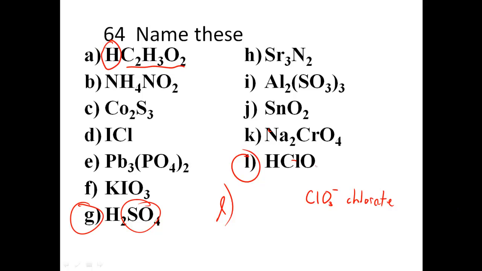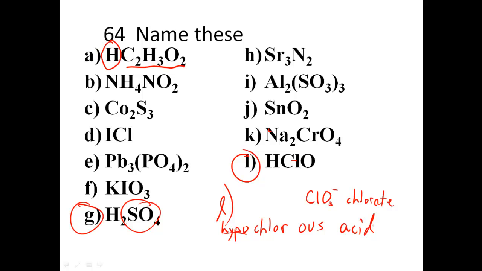This has less oxygen. In fact, it has 2 less oxygen. So we're going to put OUS on the ending, and hypo at the beginning. Hypo, remember, means underneath or less than. And so this is hypochlorous acid.